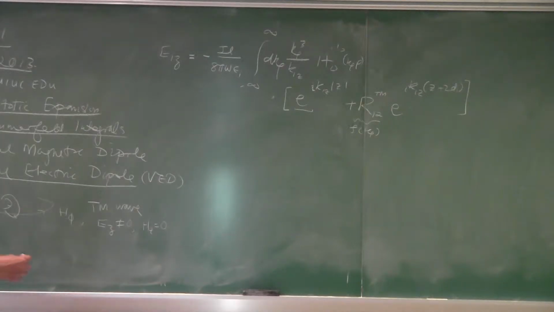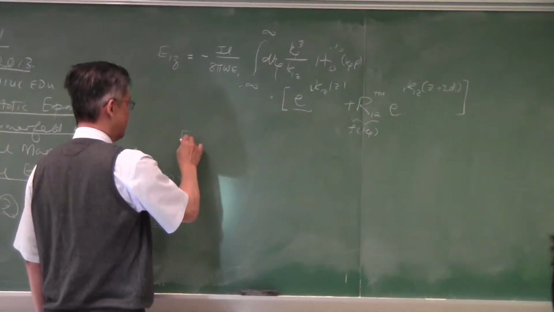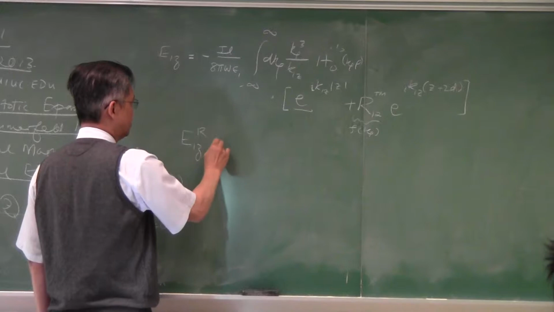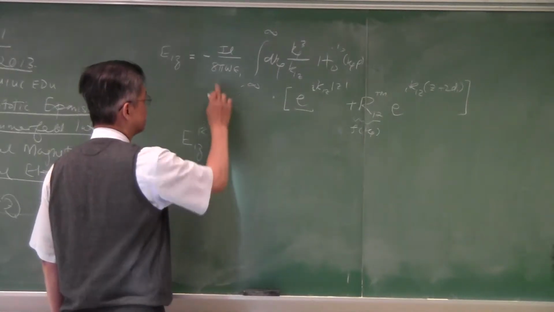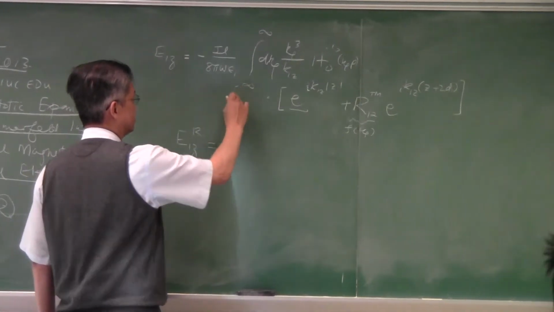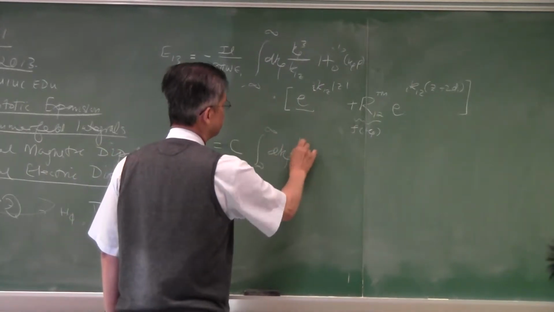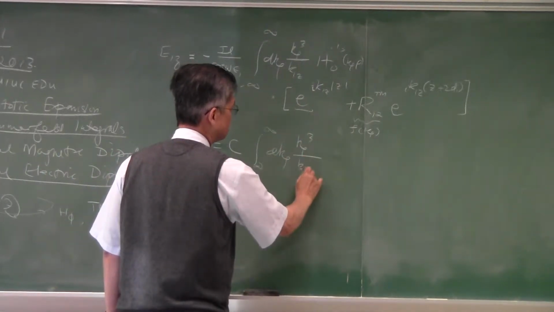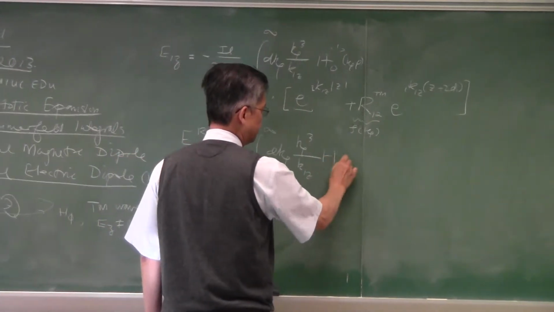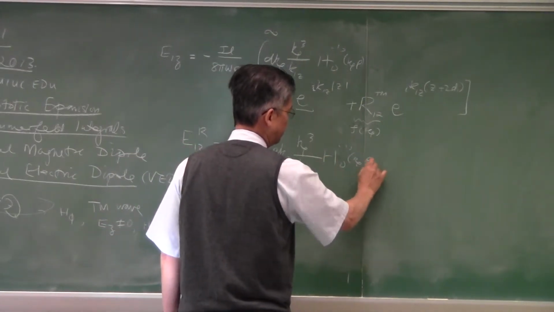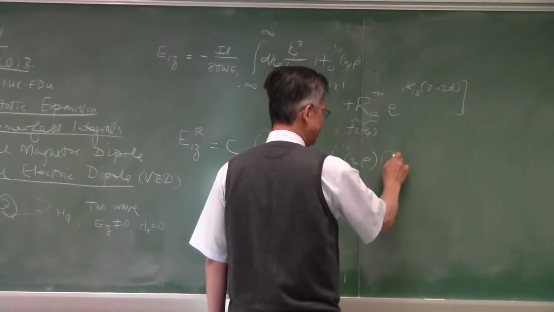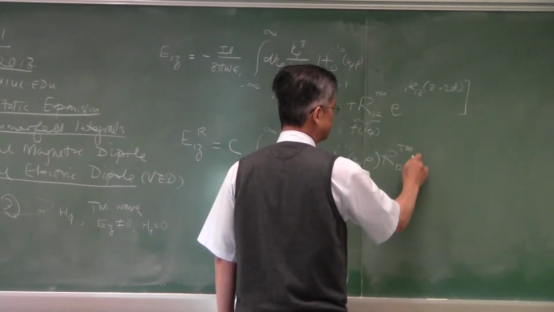So we can use the asymptotic expansion technique to evaluate the reflected field term, which is a constant times this Sommerfeld integral, H0^(1)(k_ρ ρ), and then times this very complicated reflection coefficient.